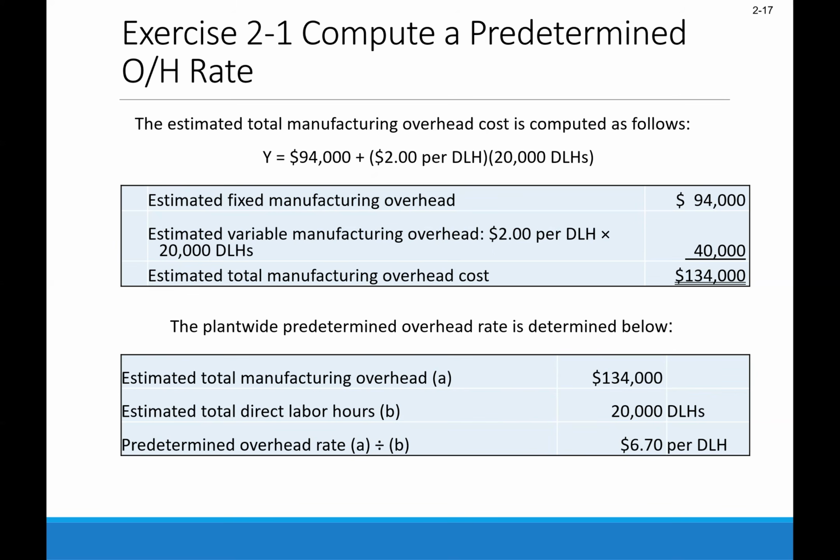So our estimated total manufacturing overhead cost is 134,000. We take that 134,000, divide it by our estimated labor hours to figure out that our predetermined overhead rate is going to be $6.70 per direct labor hour. What this is helping you see is how we determine the predetermined overhead rate, okay?